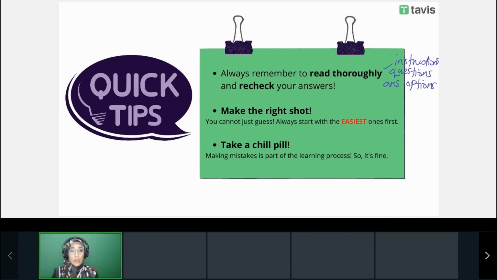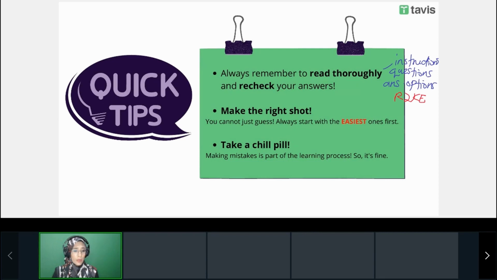And then only you can apply the tip that I mentioned, R2KE. Read twice, keyword, eliminate.